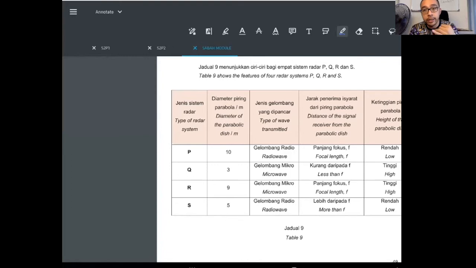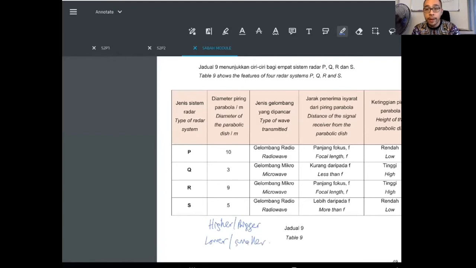And I've always mentioned that whenever the choice given to you is a number, don't write the number. You either write higher or lower, bigger or smaller.